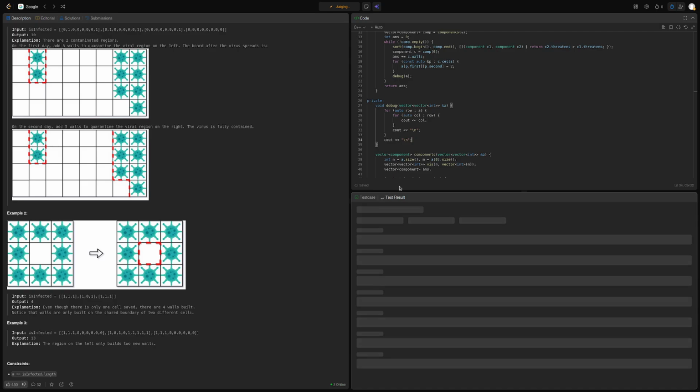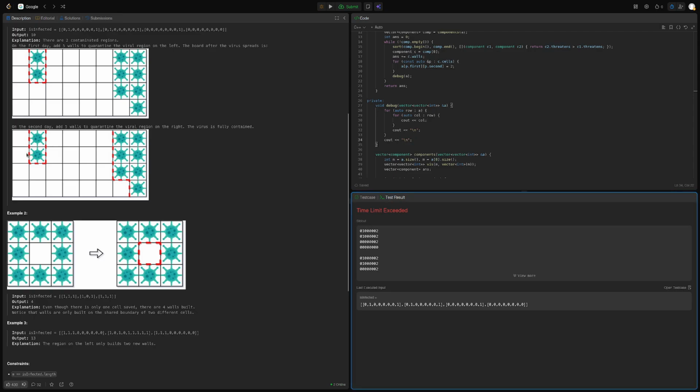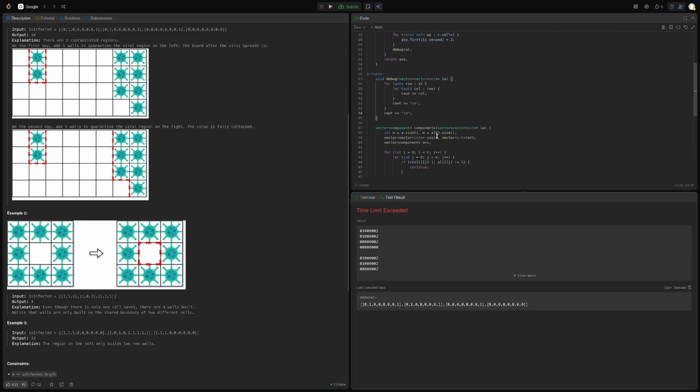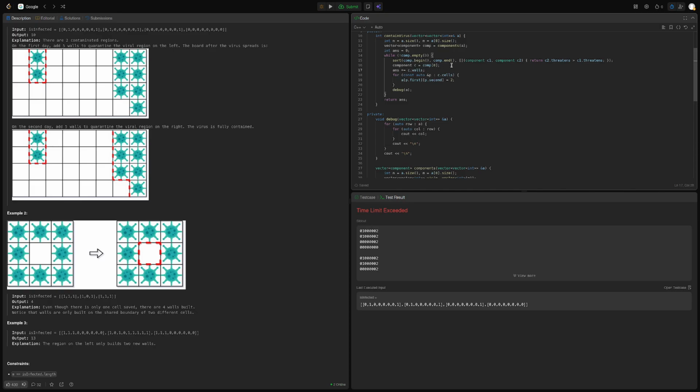So first you mark the one which threatens most. 1, 2, 3, 4. What? How is that possible? CC in comp, CC threatens, CC cell size.